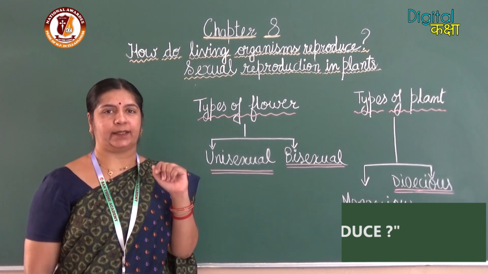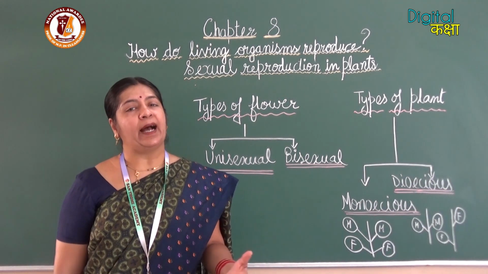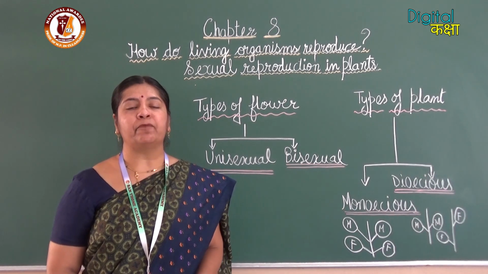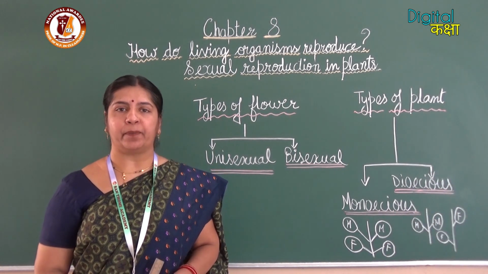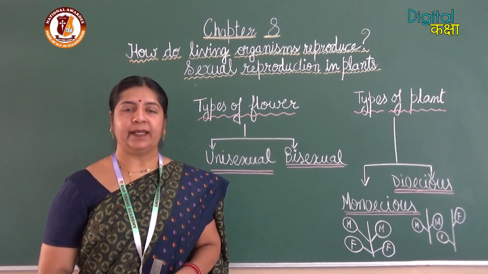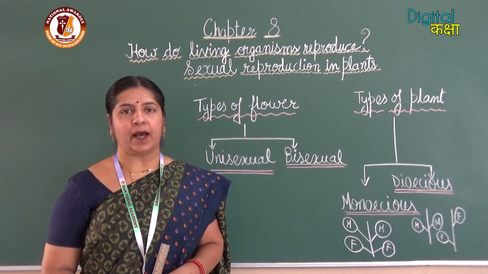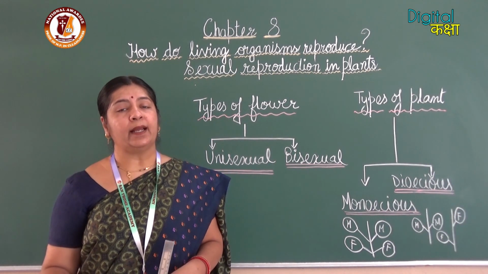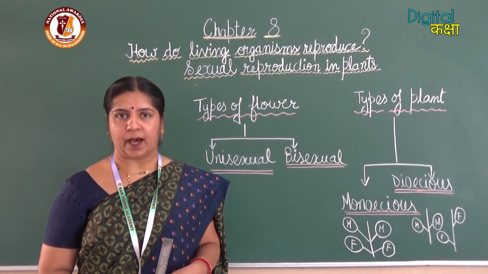Uni means one. It means the flower has either the male reproductive part or only the female reproductive part. Either only the stamen is present in the flower or only the pistil is present in the flower.